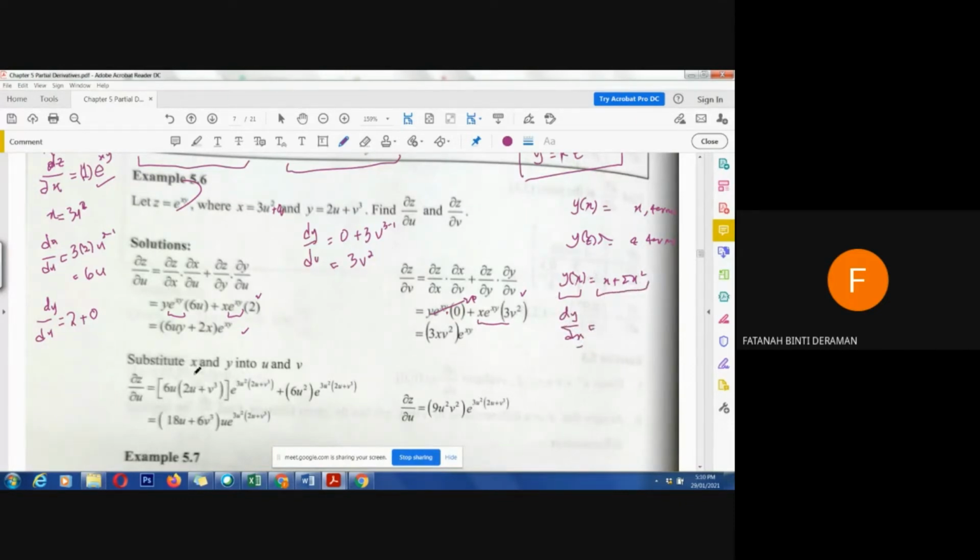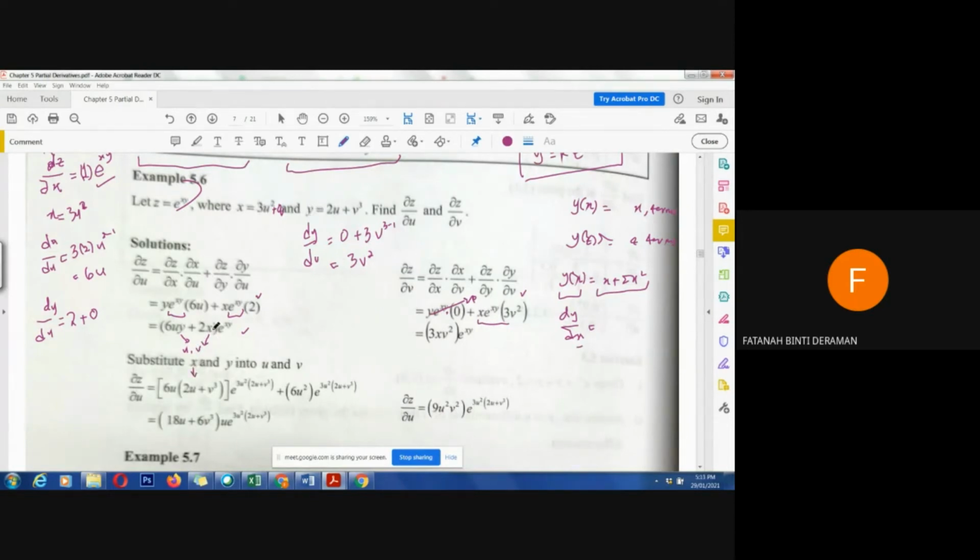Now here we have dz/du, and in u we do not have x. So we need to substitute here, and change x and y into the u and v functions. So x equals this, and y equals this. That's why we put this because of this.